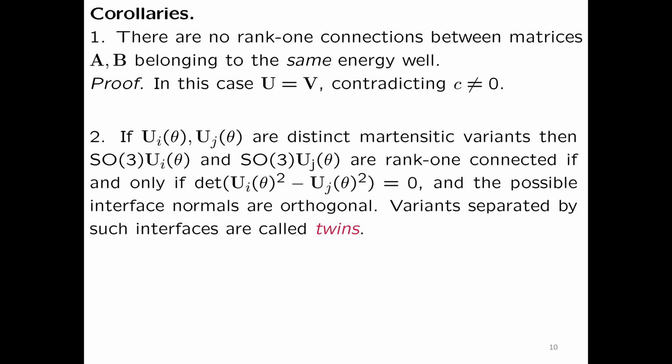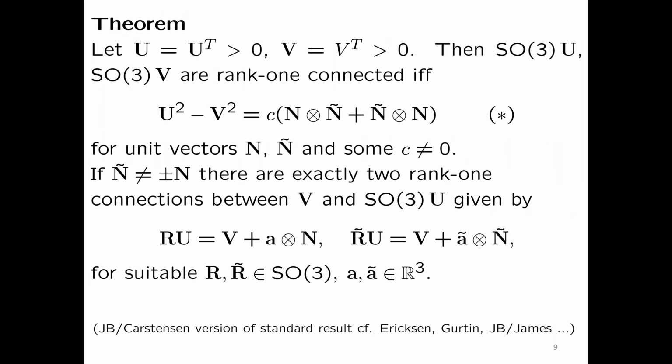Now, if Ui of theta and Uj are distinct martensitic variants, then it turns out from the theorem that the 2 energy wells are rank 1 connected if and only if the determinant of Ui squared minus Uj squared is 0. That's because the form here tells you that it's something that has determinant 0, but the trace, in the case of martensitic variants, the trace of U squared is equal to the trace of V squared.